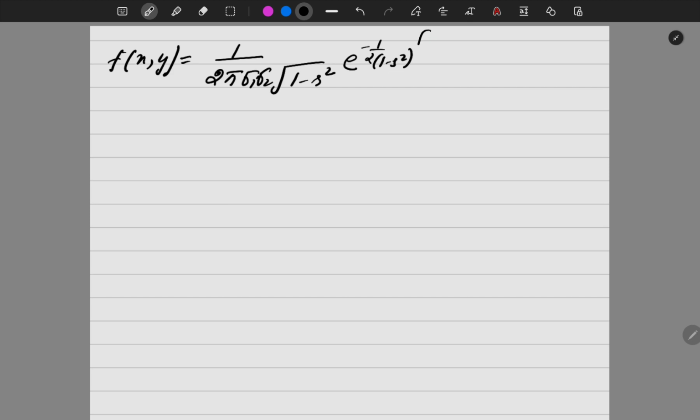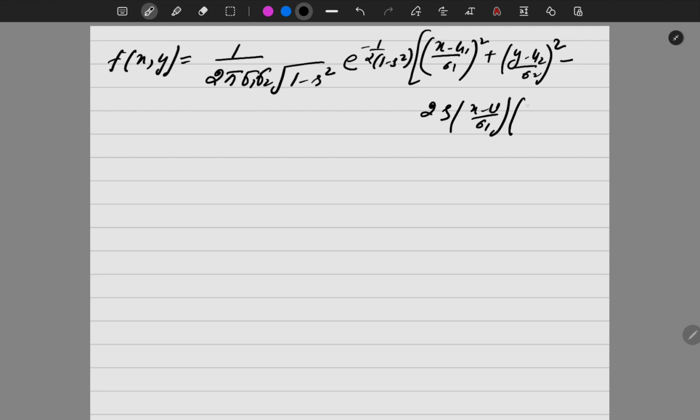The PDF of the bivariate normal distribution is f of x comma y is equal to 1 upon 2 pi sigma 1 sigma 2 under root 1 minus rho square, e raised to the power minus 1 by 2 into 1 minus rho square, then x minus mu 1 upon sigma 1 whole square plus y minus mu 2 upon sigma 2 whole square minus 2 rho x minus mu 1 upon sigma 1 into y minus mu 2 upon sigma 2, right?